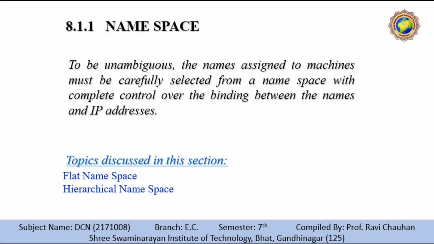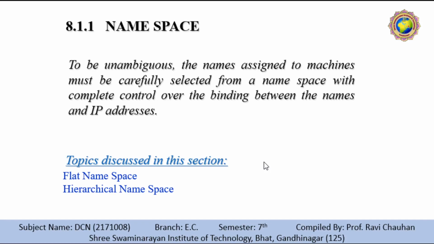So, the first point is the namespace. To be unambiguous, the names assigned to machines must be carefully selected from a namespace with complete control over the binding between the names and IP addresses. In other words, the names must be unique because the addresses are unique.